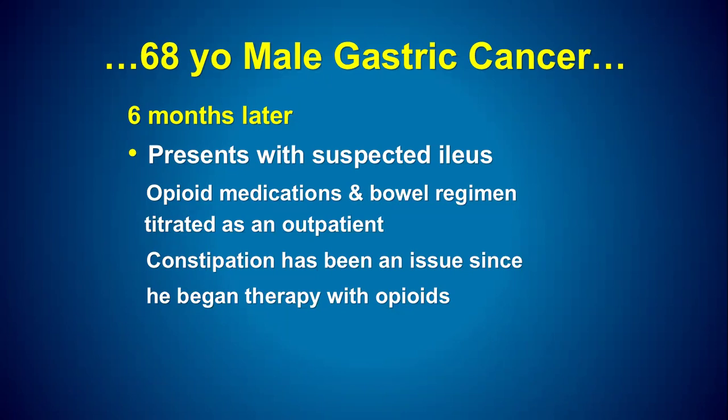So, the previous laxative regime was continued for him. 6 months later, suspected with ileus, opioid medication and bowel regime was titrated as an outpatient, but constipation was persistent. Milk of magnesia. Okay. Milk of magnesia might just lead to a lot of diarrhea. That can be used, but again, not as the laxative of choice.